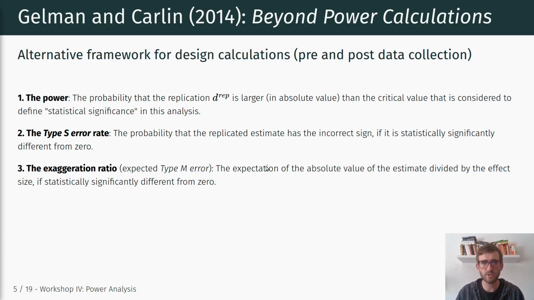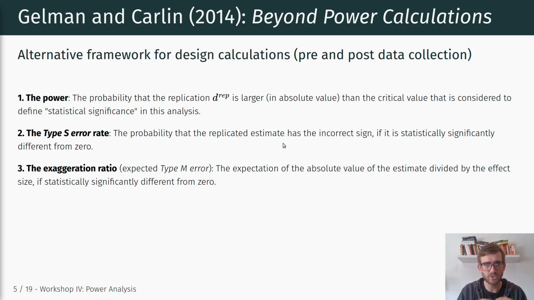Next, the third component is the exaggeration ratio, or the expected type M error. This exaggeration ratio describes the expectation of the absolute value of the estimate divided by the effect size, if statistically significantly different from 0.